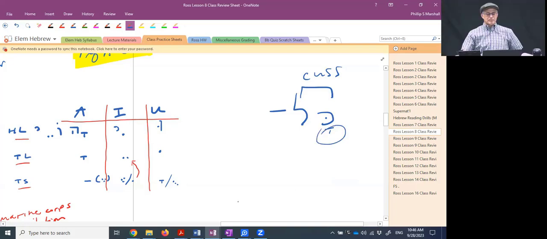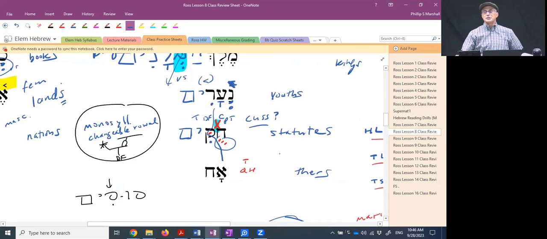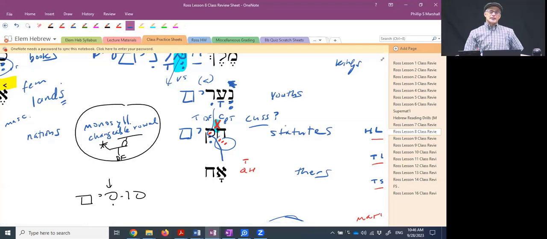So you can see both kametz ketuf and kibbutz can be what a holum reduces to when it needs to become short. And we just need to know that association, but not necessarily memorize which goes to which. Right. Yes. You'll get used to which nouns have the vowel become what as you see them. Yeah, but you can't always anticipate.